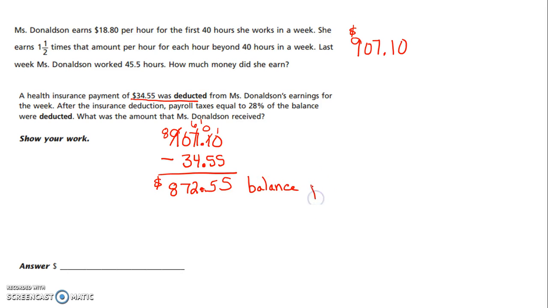Balance of pay, I should say, that she'd be bringing home if she didn't have to pay taxes. But we all pay taxes. So now, after we deducted that health insurance, we have to take 28% off the money she still is going to earn to figure out how much she's going to bring home.